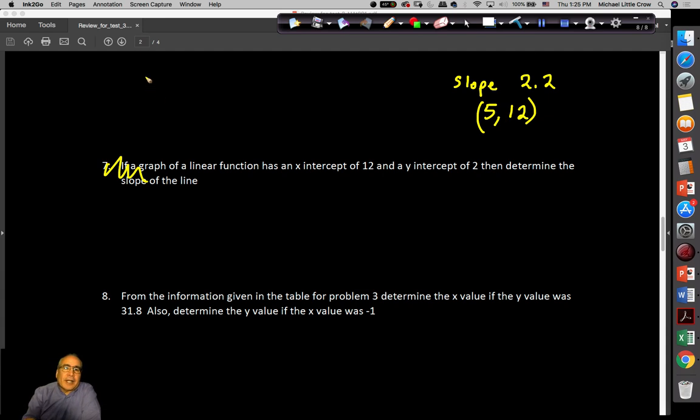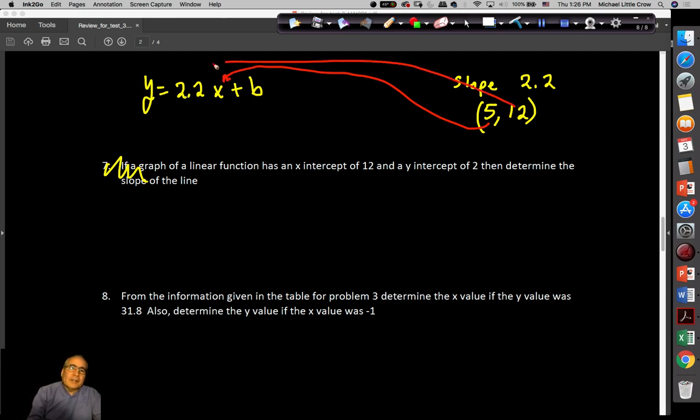Okay, so what's the equation of this line? The equation of the line is going to be y equals 2.2x plus b. You could also use point-slope form, but I prefer this way. So we take the x value, plug it in for x, and take the y value, plug it in for y. So we end up with 12 equals 2.2 times 5 plus b.